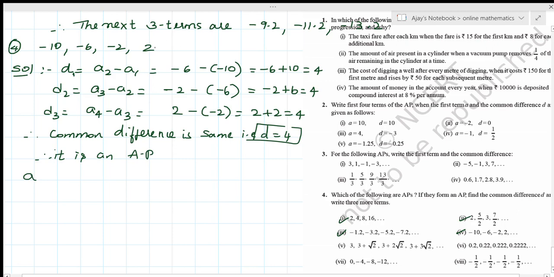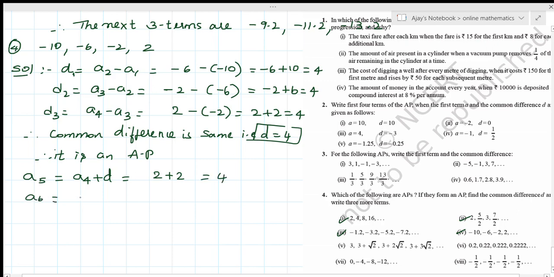If it is an AP, I have to find the next 3 terms. They have given 4 terms, so I have to find the 5th, 6th and 7th. The fifth term is adding a fixed number to the previous term. So A4, what is A4? It is 2. I am adding the fixed number 4, so 2 plus 4 is 6.